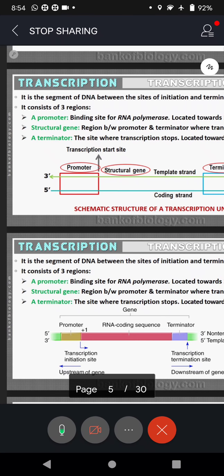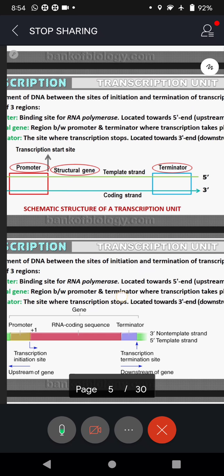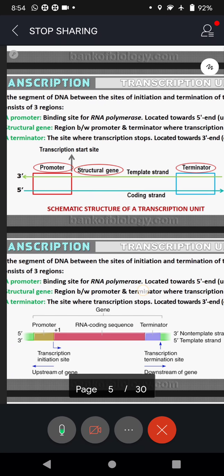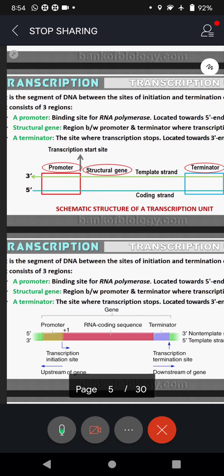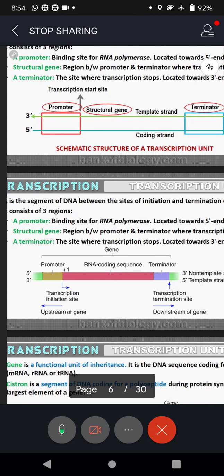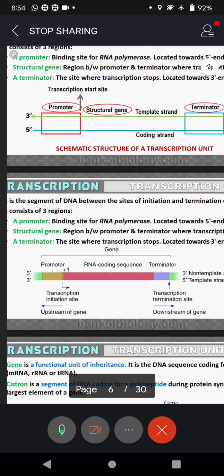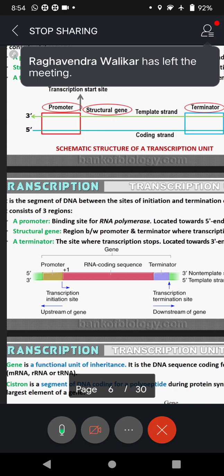And now it is the segment of DNA between the sites of initiation and the termination of transcription. So three sites. Look at that. The promoter region, then the structural gene, the RNA coding sequence, then the terminator, the time comes where the termination should take place.